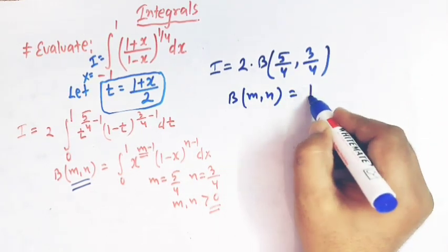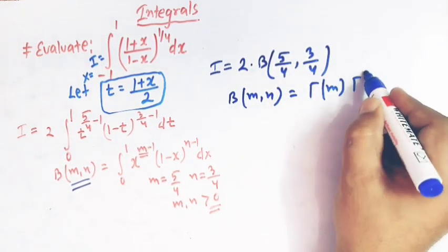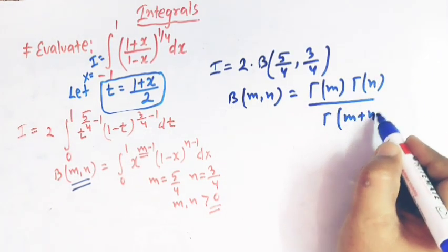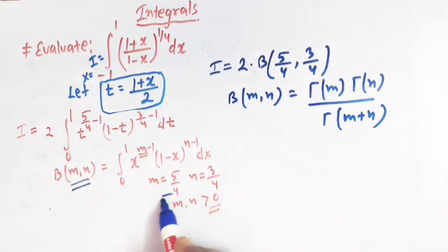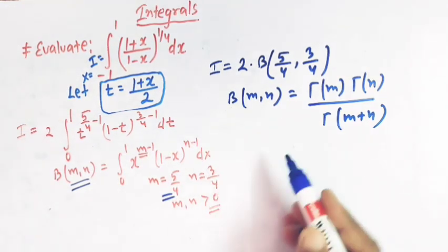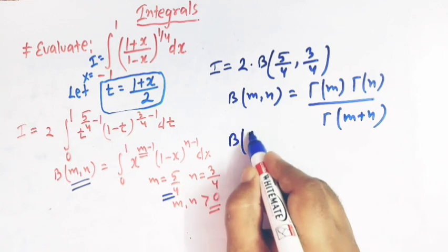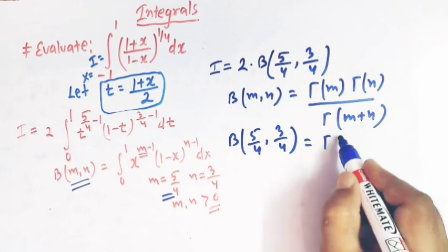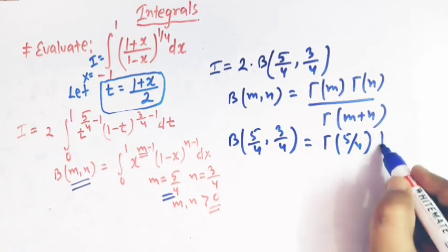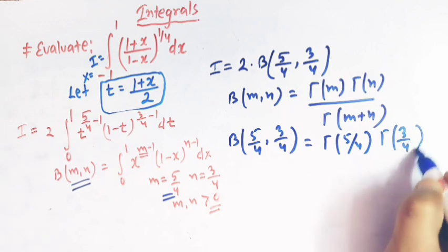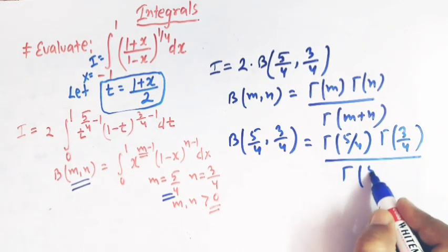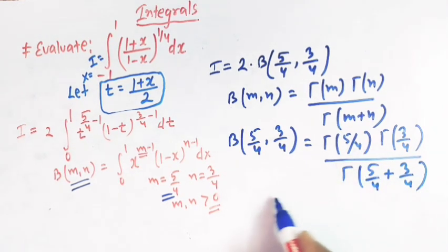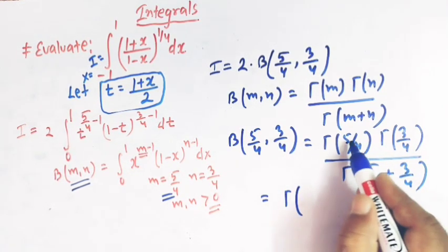B(m, n) is equal to gamma(m) gamma(n) divided by gamma(m + n), right? So taking m equal to 5/4 and n equal to 3/4, beta(5/4, 3/4) is equal to gamma(5/4) gamma(3/4) divided by gamma(5/4 + 3/4), right?